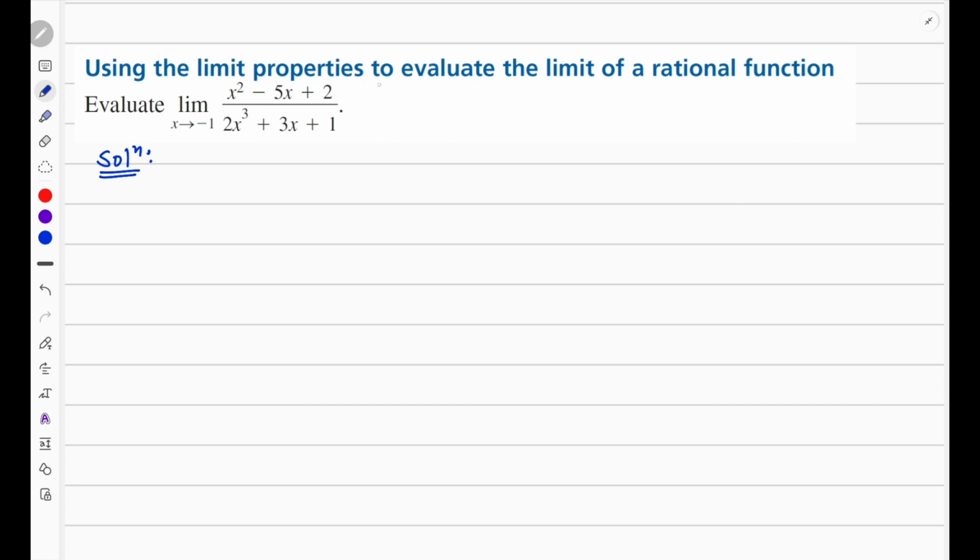In this example, we have two functions, one is numerator and another is denominator. So we can take the limit of numerator and denominator separately, and we can use the different properties of the limit to calculate the value.